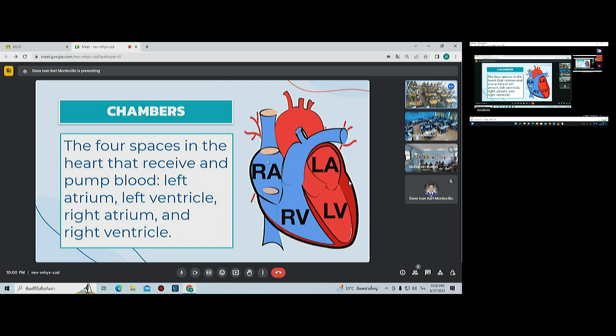Our heart has 4 chambers. The hole, or the hollow, here is the chambers.